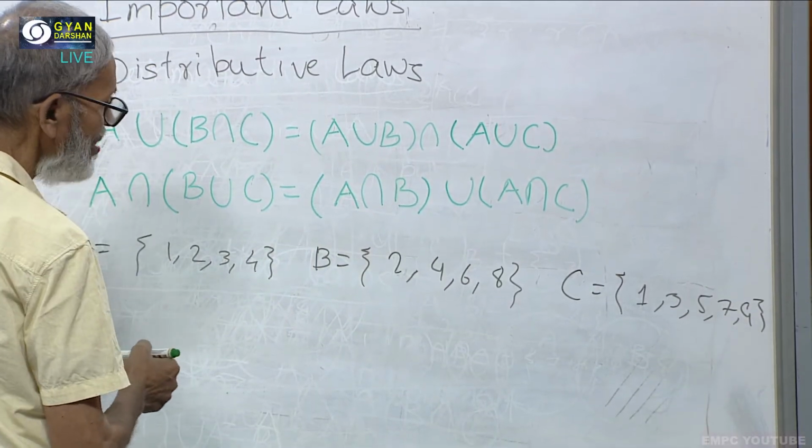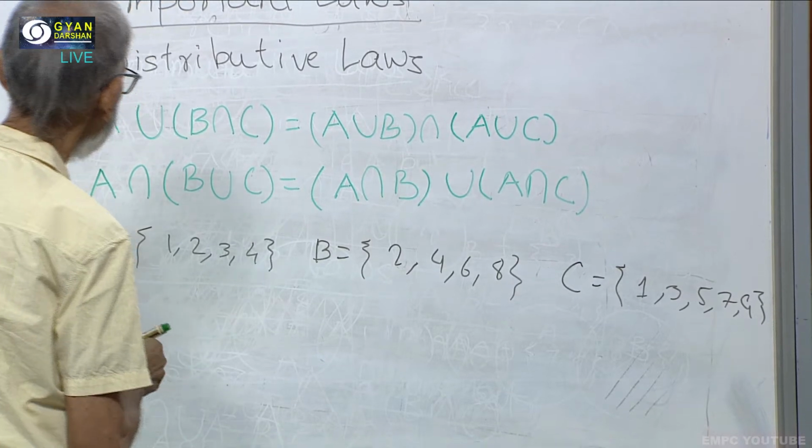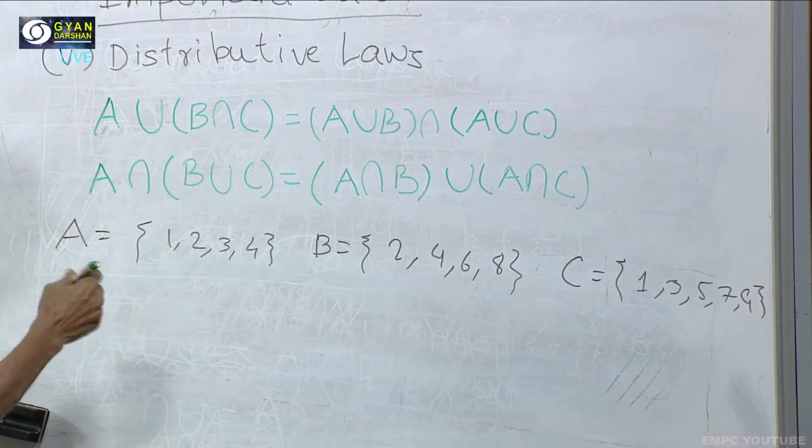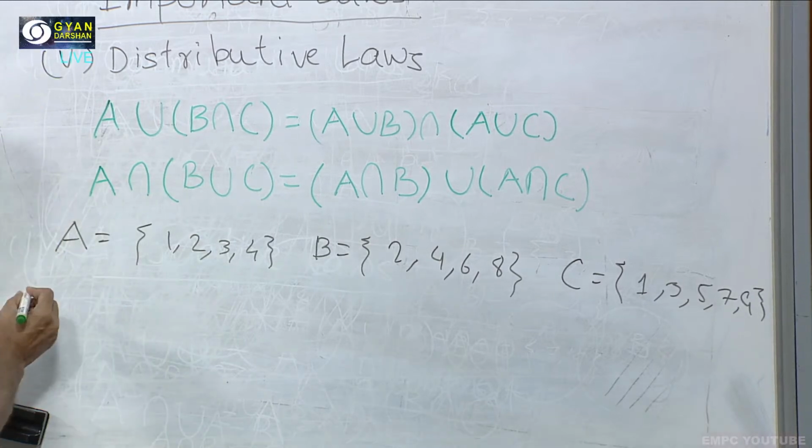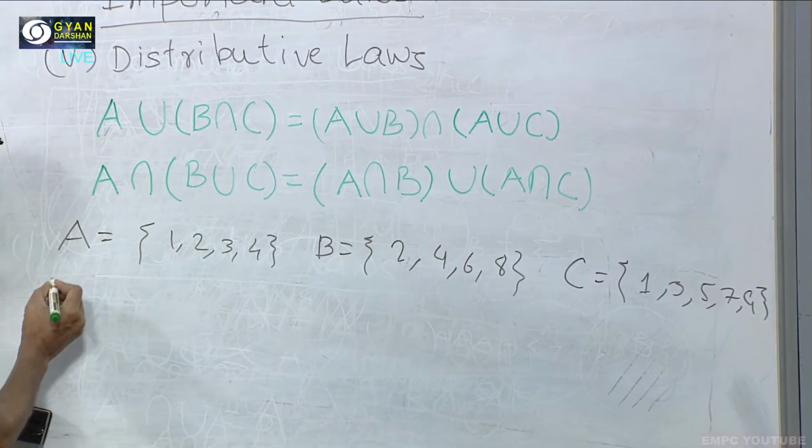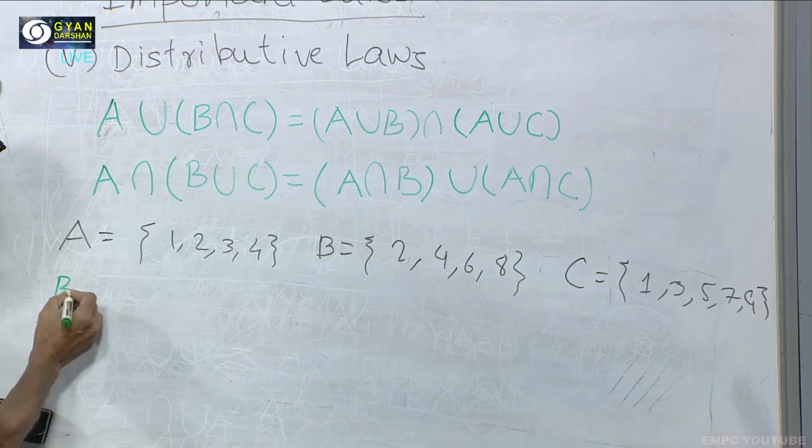So, let us check the distributive laws. Say first one, what will be B intersection C?